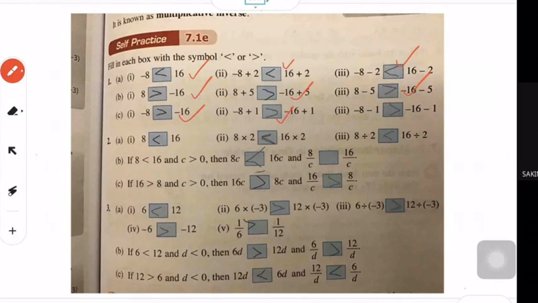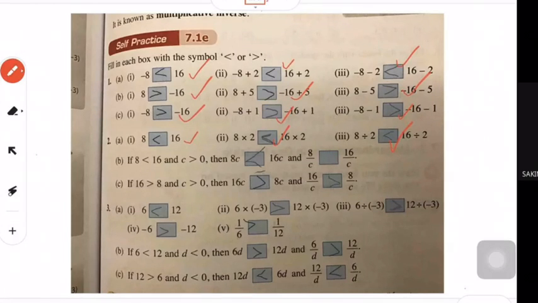And when you minus 1 both sides, the left side is still greater than the right side. Okay, number 2. You are given 8 and 16. So 8 is less than 16. And you multiply 2, the symbol doesn't change. You divide 2, a positive number, the symbol doesn't change.